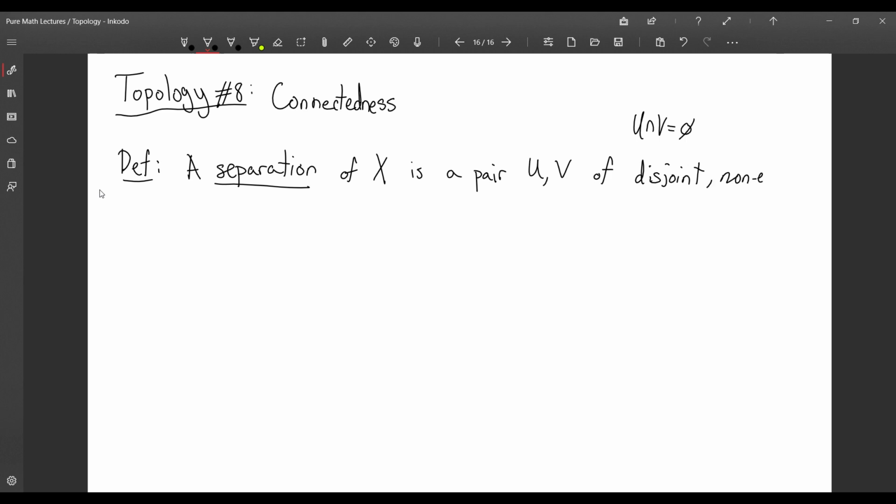Disjoint non-empty, so both U and V are not equal to the empty set. Non-empty open sets with X equal to U union V. That is a separation of X.